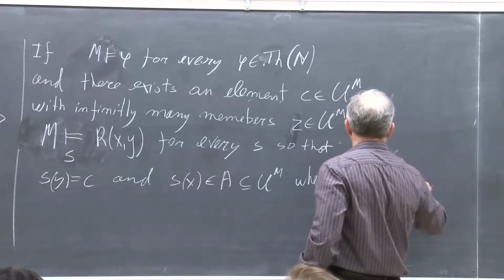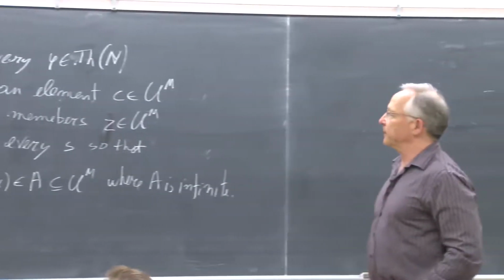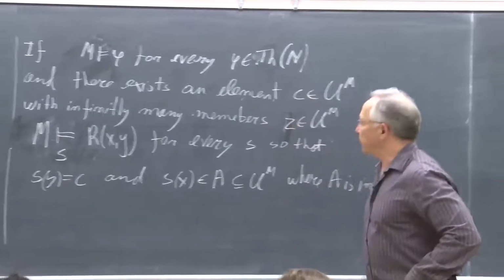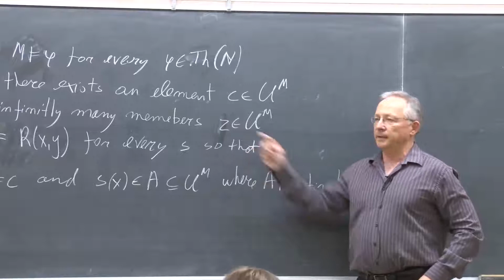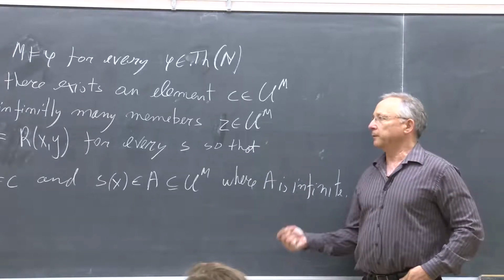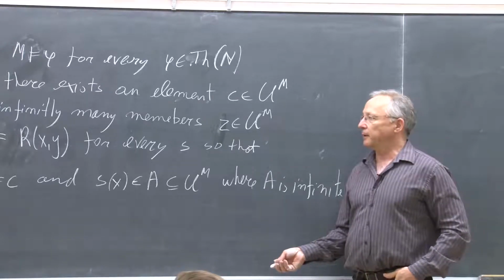So this is kind of a formal way of saying there are infinitely many numbers preceding C in this universe. Because we have to talk about what formulas are satisfied in this structure.